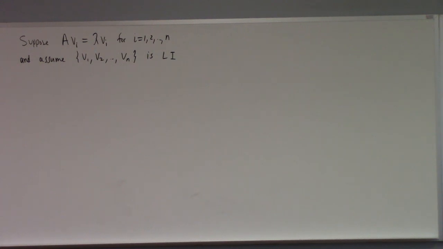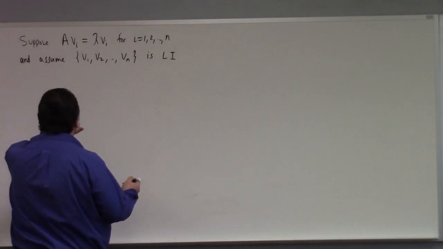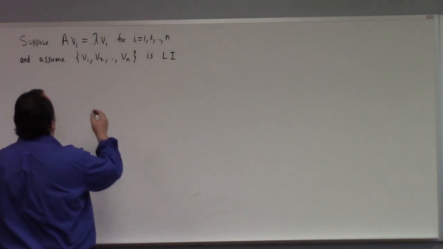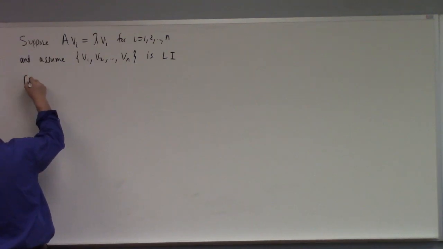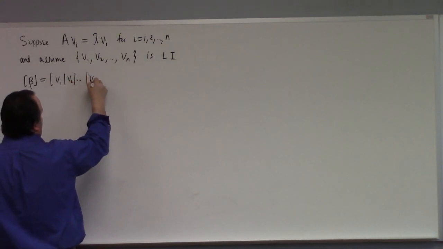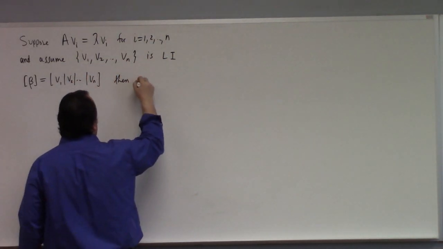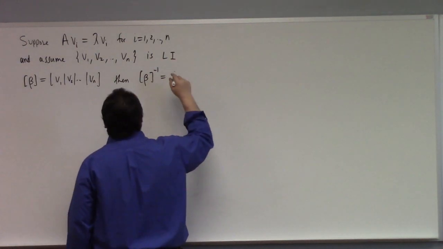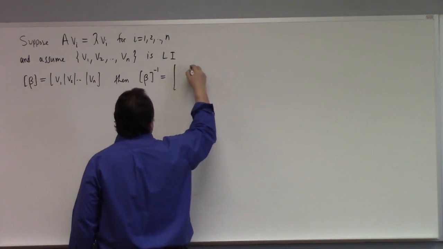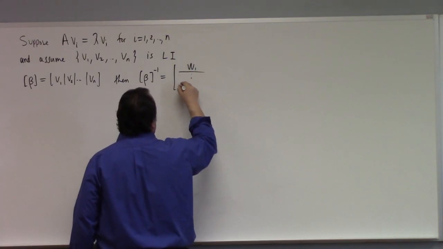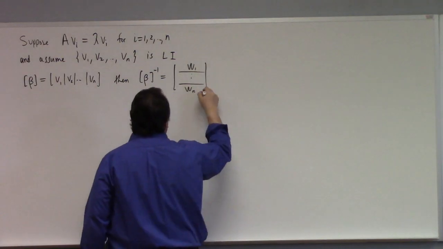So, if we let beta equal the basis matrix here, then if we let beta inverse have rows W1 through Wn, right? Not columns, I said columns, I meant rows.